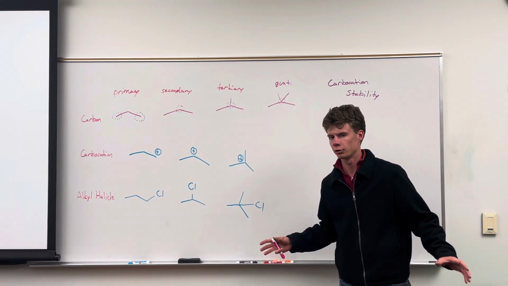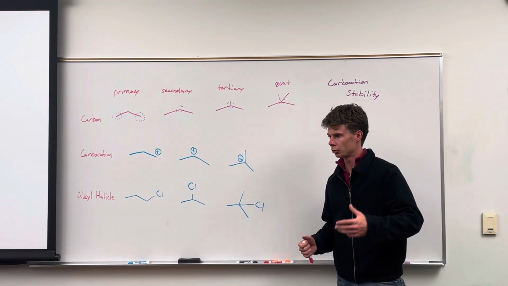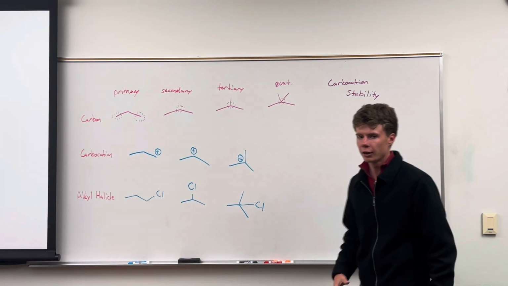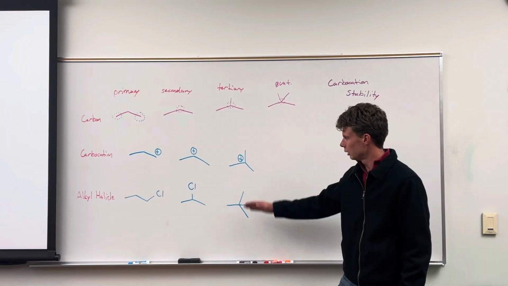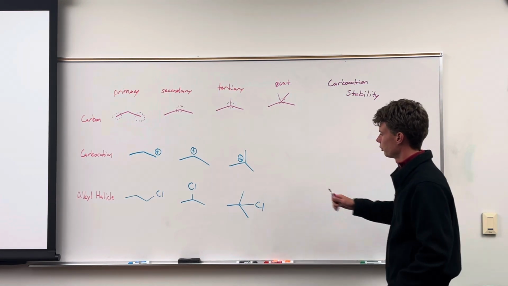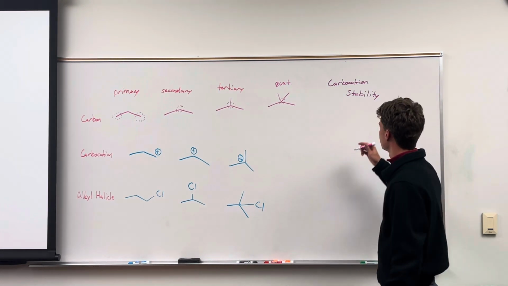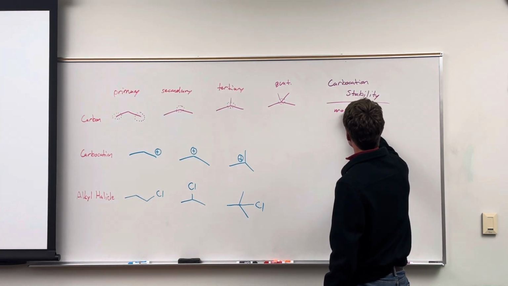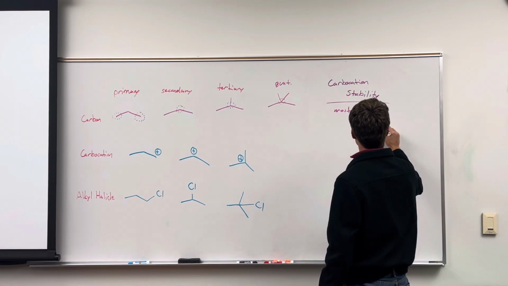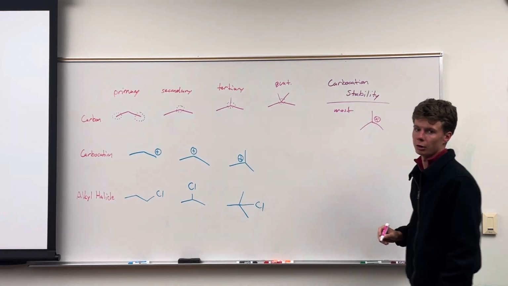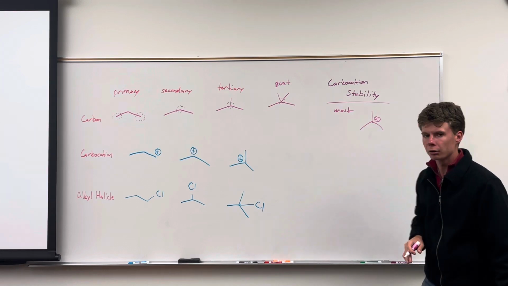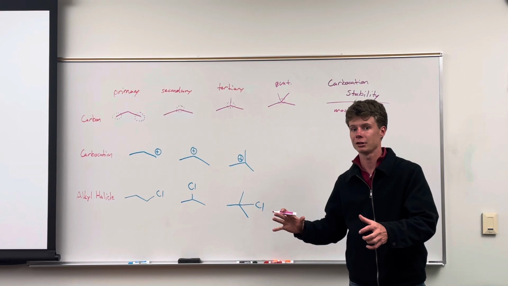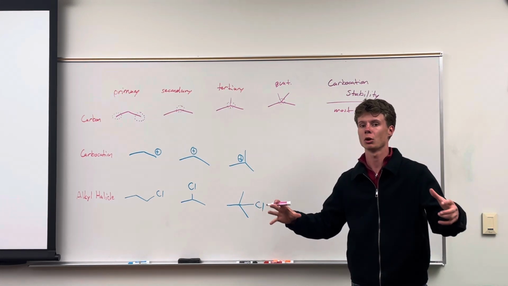They're going to donate electron density towards something like a positive charge. Knowing that, tertiary carbocations are the most stable. I have more alkyl groups than the other two that are donating electron density towards that positive charge and making it more delocalized.